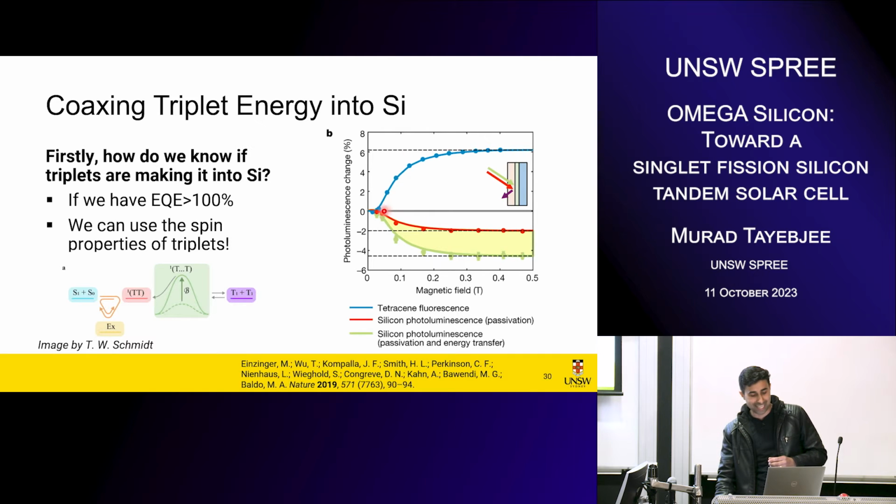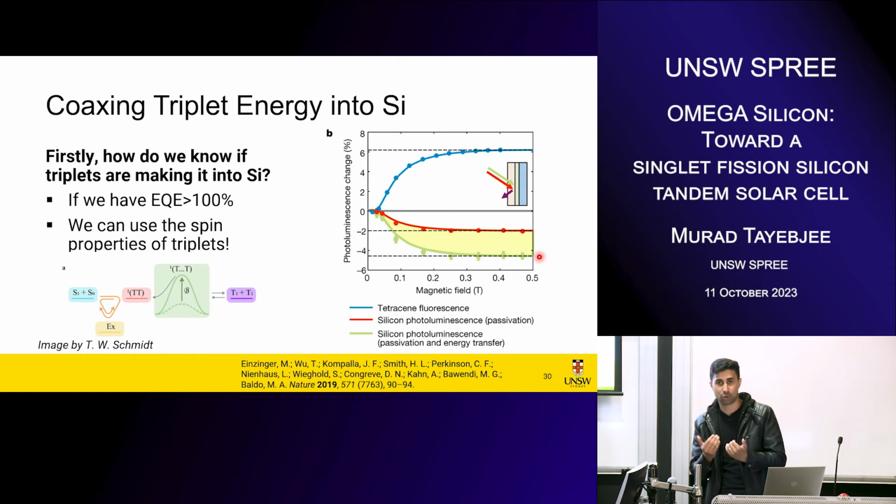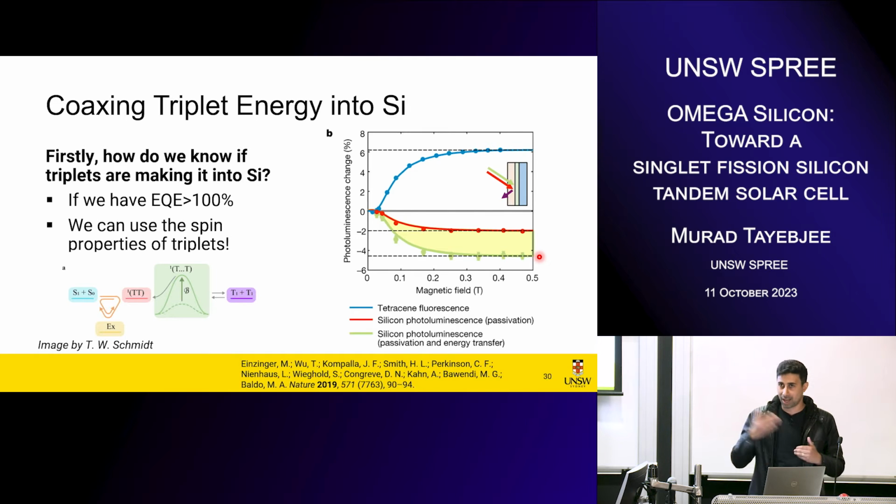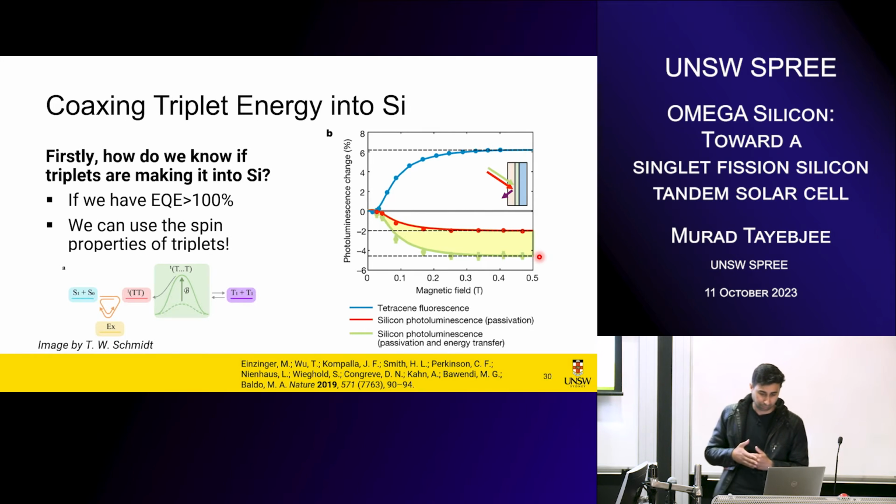So because we have an increase in photoluminescence for our singlet fission material as a function of field and a decrease for the silicon, we can say triplets are making it into silicon. So that's the way that we are able to identify whether a material is working, and then we can start to optimize, so that we don't have to make a full device and make the EQE work. We can do this on an all-optical precursor and speed up that optimization.